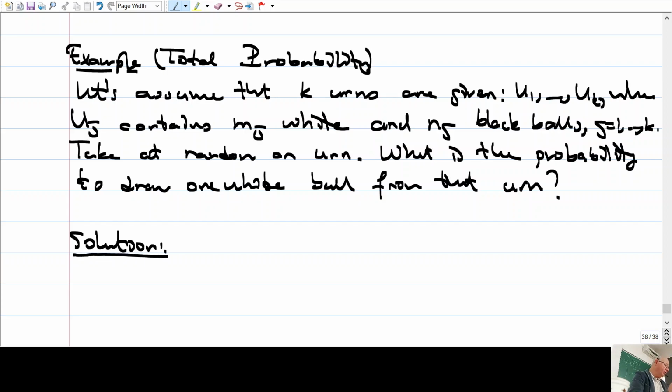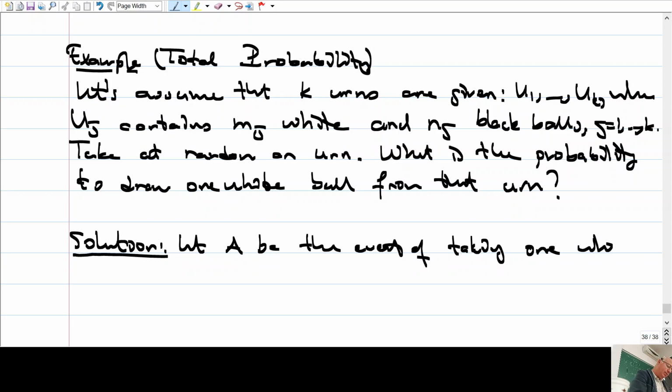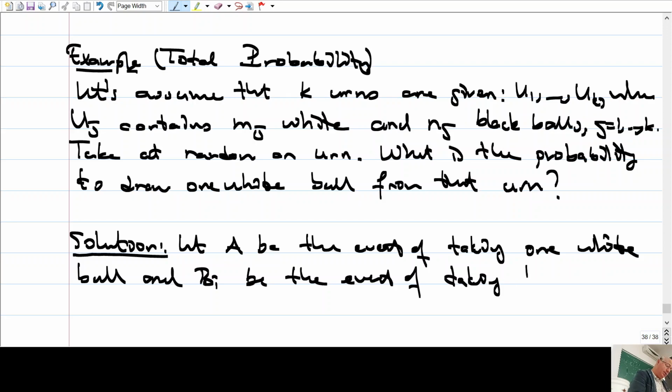Okay, so what is the solution? Well, we will make use of our theorem, actual formula for total probability. Let us define the following events. Let A be the event of taking one white ball, and similarly let Bi be the event of taking the ith urn.